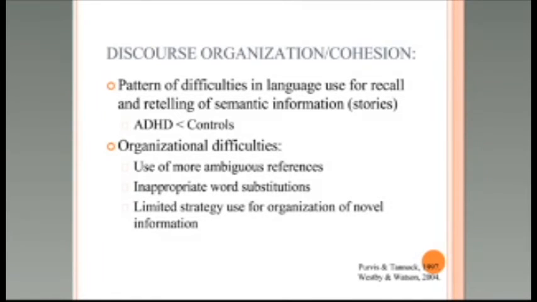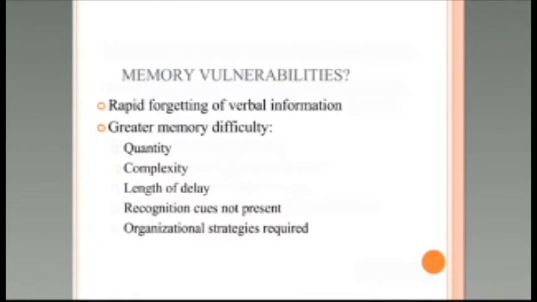So these kinds of organizational weaknesses give them a poorer pattern of performance in terms of recalling and retelling meaningful information. As a result, not surprisingly then, you can see a pattern of memory vulnerabilities.